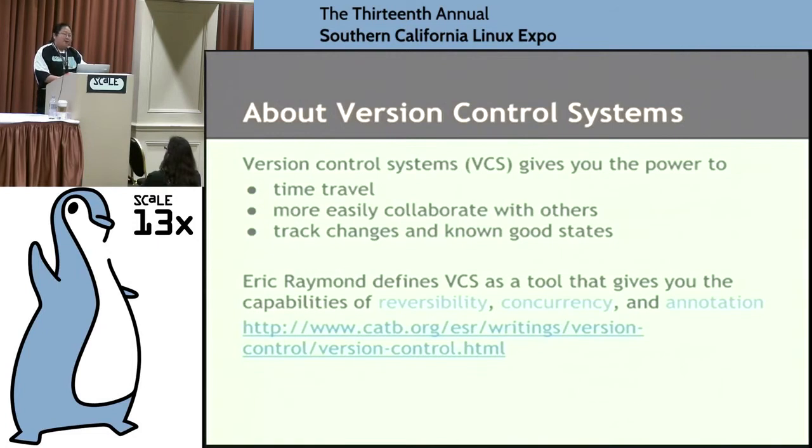But for other things, like if somebody's modifying a file over here and somebody's modifying a file in a completely unrelated area, version control systems are pretty good at merging them together. And so they make it easier to collaborate with other people because you eventually end up on the same page. You end up with the same set of files, the same set of source code, and you can move on from there.